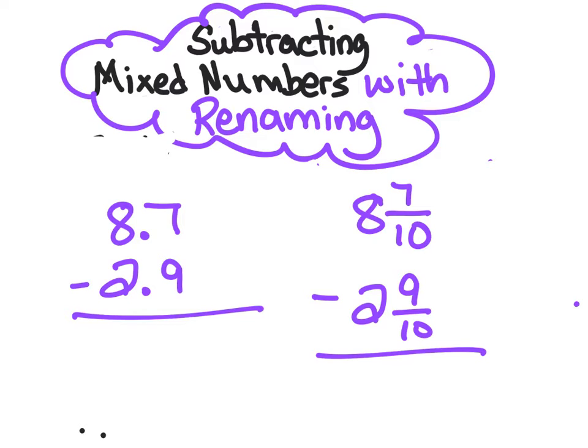Here we have another example. If I start in the tenths place, I cannot say 7/10 minus 9/10. So once again, I have to borrow or regroup. So if I go over to the whole number place, I can regroup. This becomes 7 ones. I took away one whole. Well, one whole is equal to 10/10.